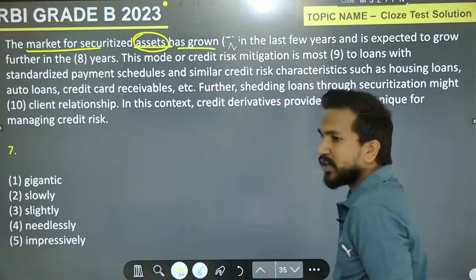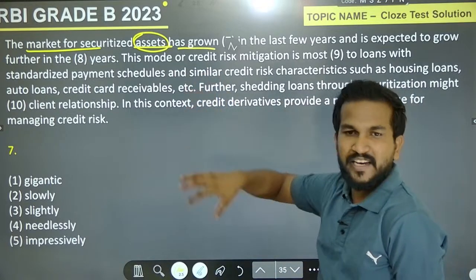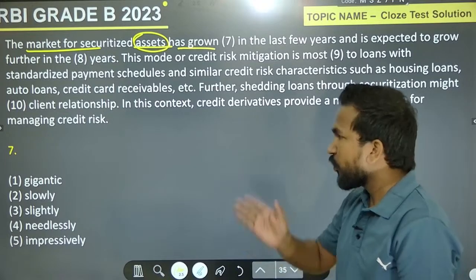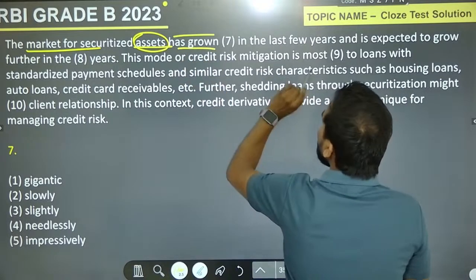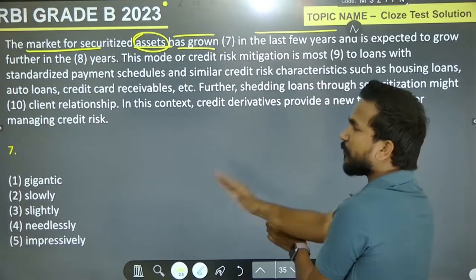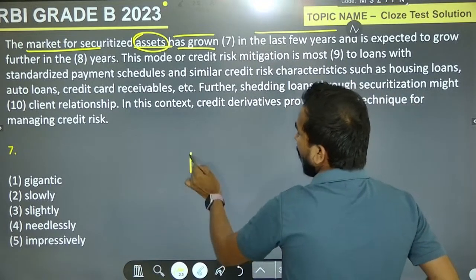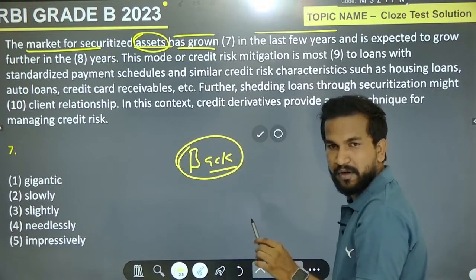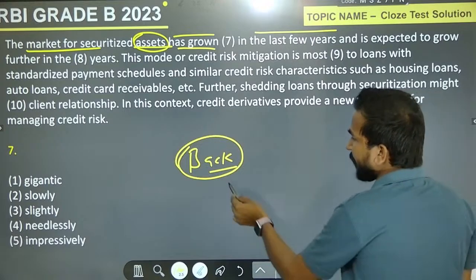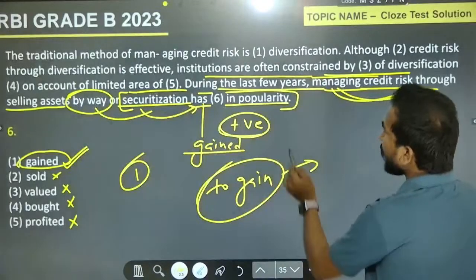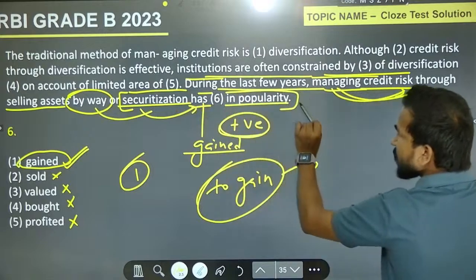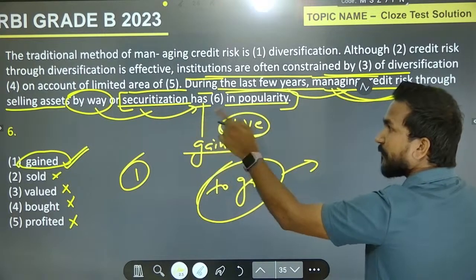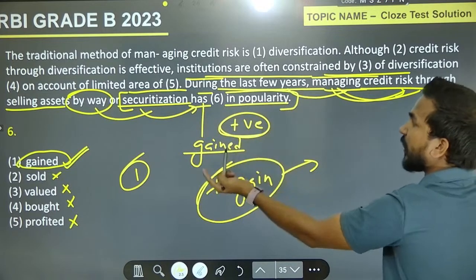And we know very well that people usually sell their assets to manage their credit risk. So the market has grown in the last few years. We have talked about this in the backward reading also. We already know from the backward reading that during the last few years, managing credit risk through selling assets by way of securitization has gained in popularity.